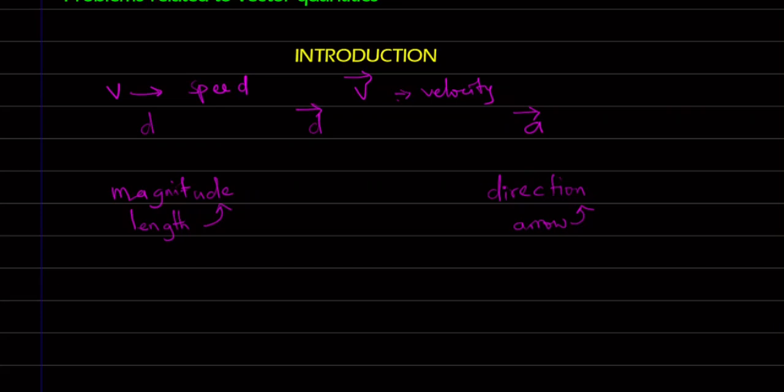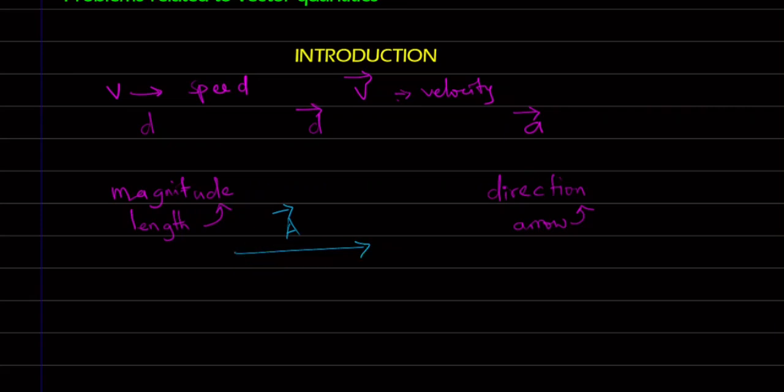Let's take, for example, we have this. This is not a vector. This is a straight line. But to make it a vector, we use an arrow. Now, this is a vector. Let's call it vector A. This vector has magnitude, which is represented by this.